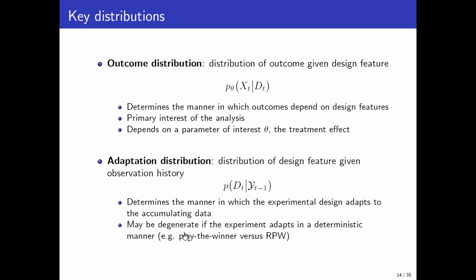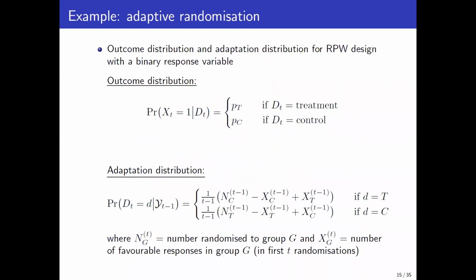So, for example, the Marvin Zelen version of the original Play the Winner was deterministic, but generally speaking, D_t will be a random variable, and it determines the distribution of that design feature allocation conditional on the observation history up to that point. So those two distributions are the key distributions.